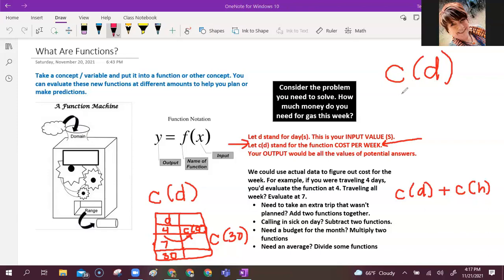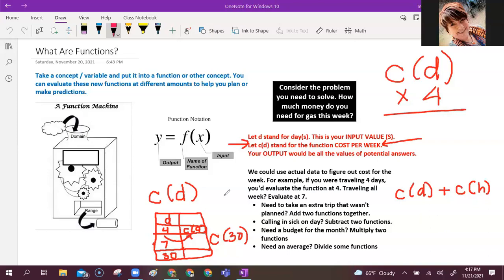Well, what would we do with this? Multiply it times 4. And then we would have the function for the whole month. Sometimes there are some weeks with more than 4, but you guys get the idea. Or if you're wanting to find the average of something, you have a larger amount, and then you want to find the average, like maybe per day of that week, then you can divide functions out.